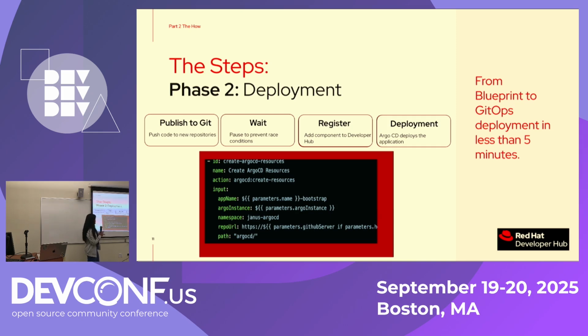It's saying, hey Argo CD, I have a new application I want to deploy. And Argo CD says, okay, I see that this is here, and I'm going to deploy it. So as you can see, throughout all these actions, I'm creating a pipeline, a workflow that works every time, and you add the best practice into it.